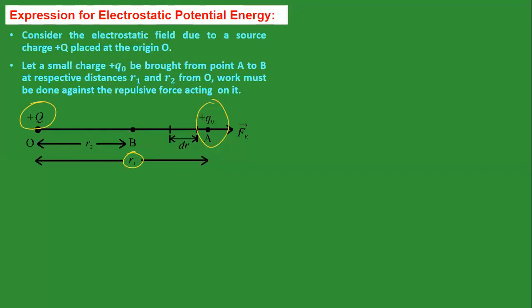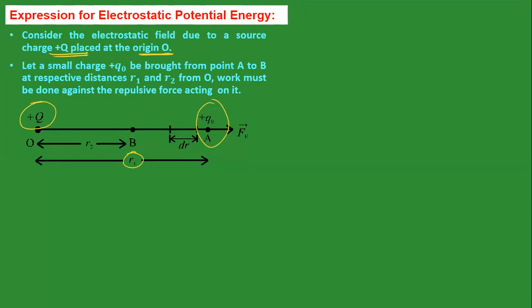Again, you can see in the diagram, charge plus Q is placed at point O. Unit positive charge plus Q at A. And this point A is at a distance R1 from this charge Q. Now consider the electrostatic field due to the charge plus Q. So we are considering the electric field due to this plus Q charge. And the origin is O, meaning this charge is placed at point O.